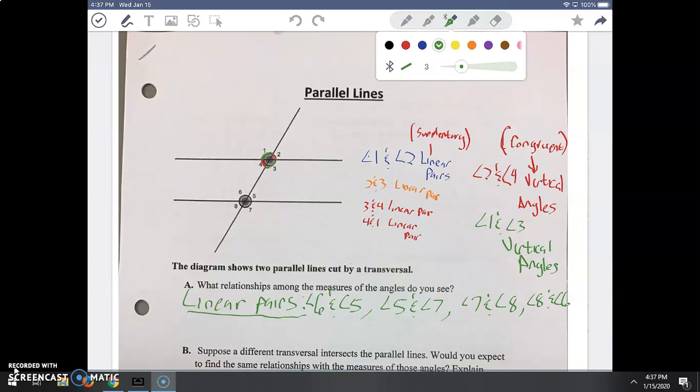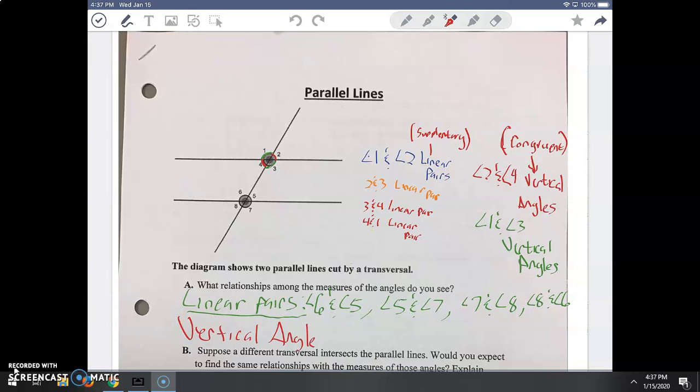Now to the vertical angles. You have angle 5 and angle 8, and you also have angle 6 and angle 7.